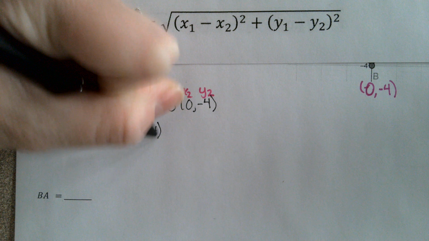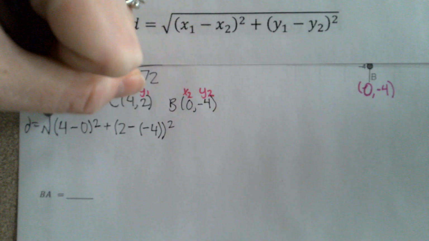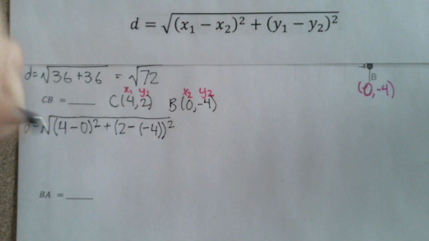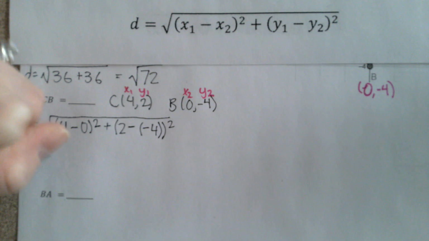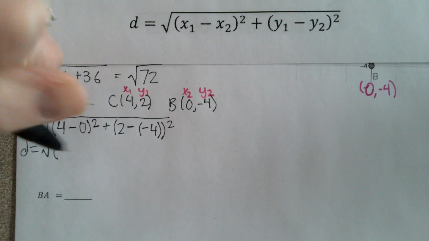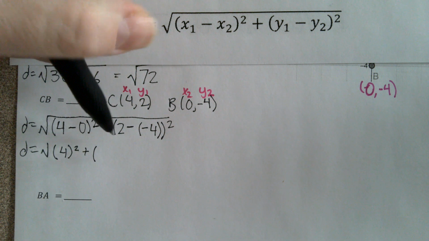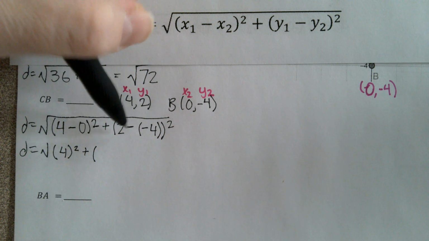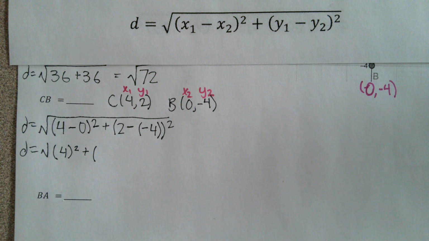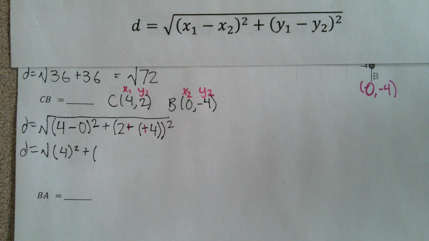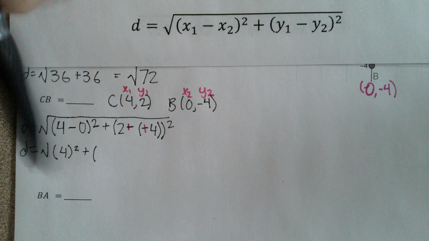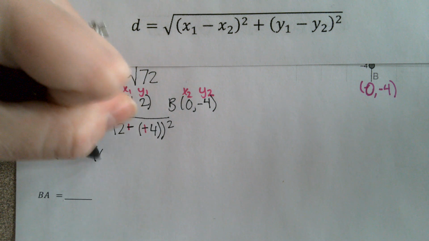I'll put that in parentheses. Squared. Close off the square root. D equals the square root. 4 minus 0 is just 4 squared plus 2 minus -4. These 2 minuses in a row become a plus. So now I just have 2 plus 4, which is 6.